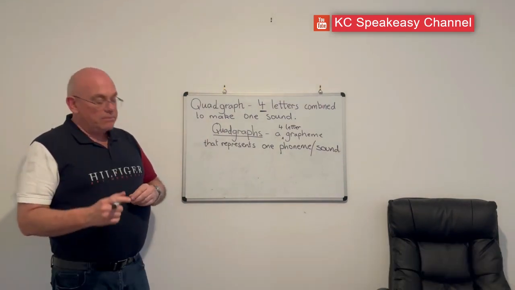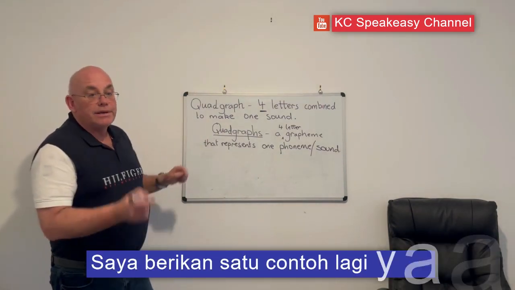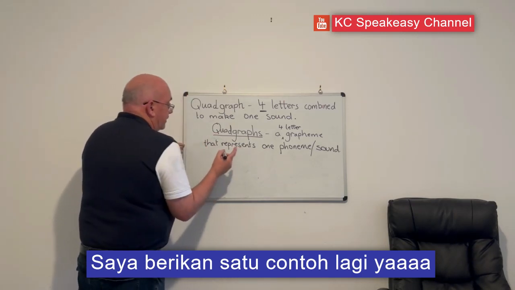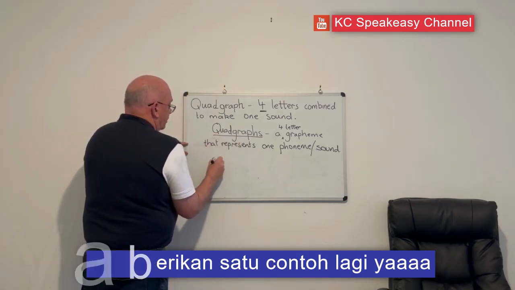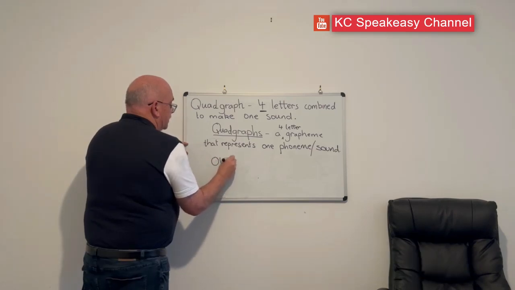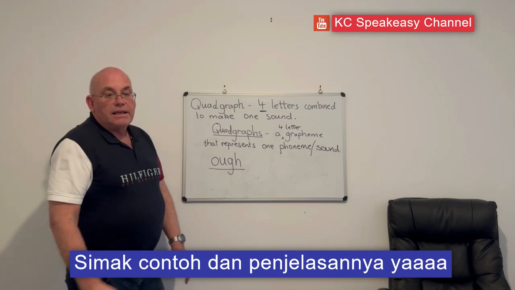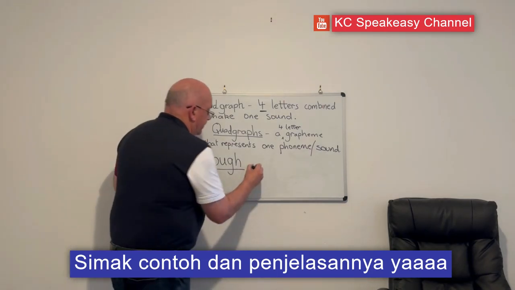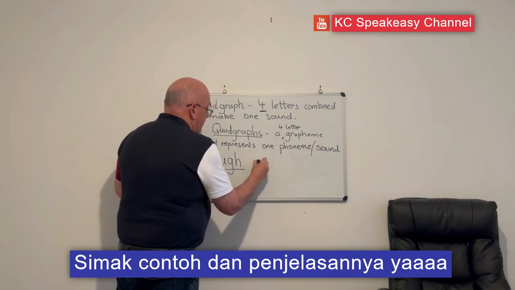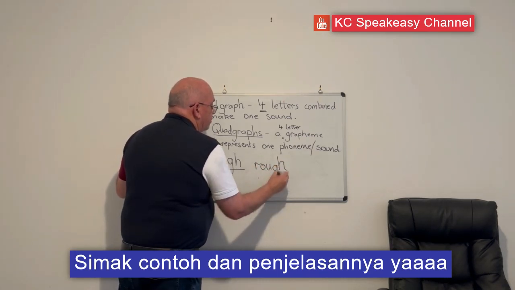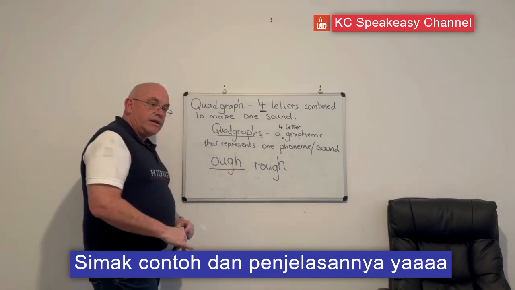I'll give you one more example before we go, and this one's a good one. O-U-G-H. Very common, we use this one a lot. And here are a few words. The road can be rough.